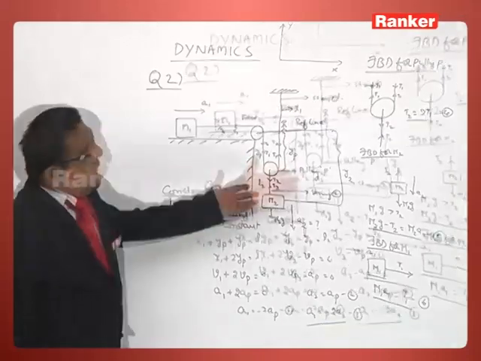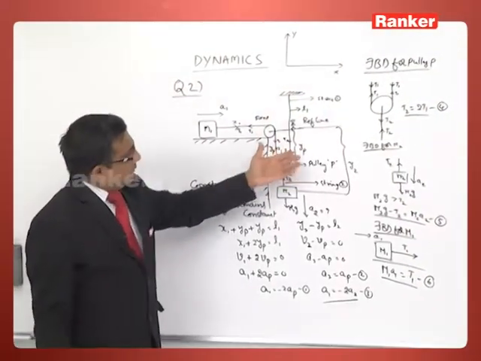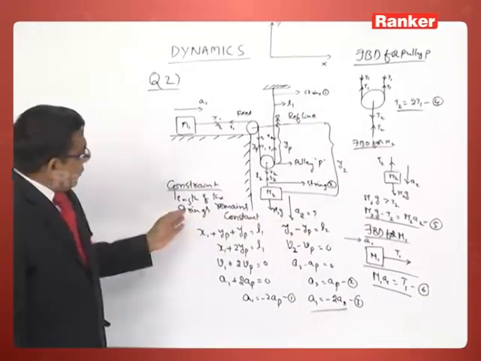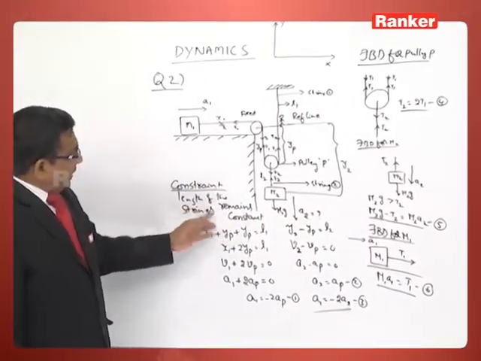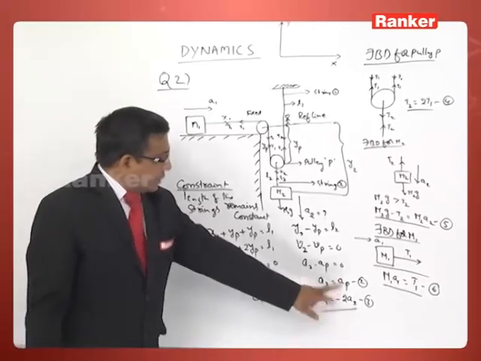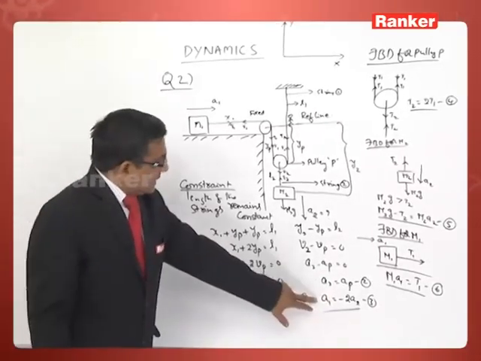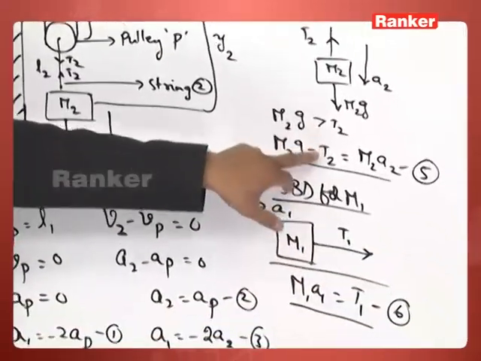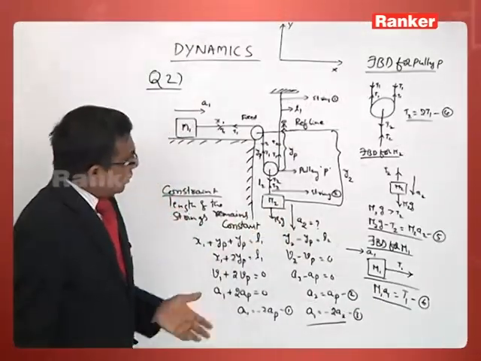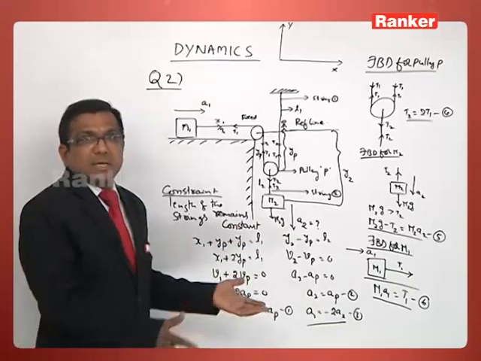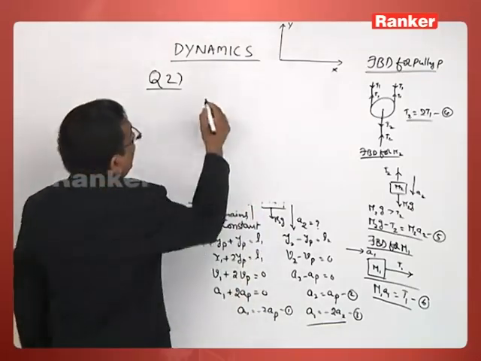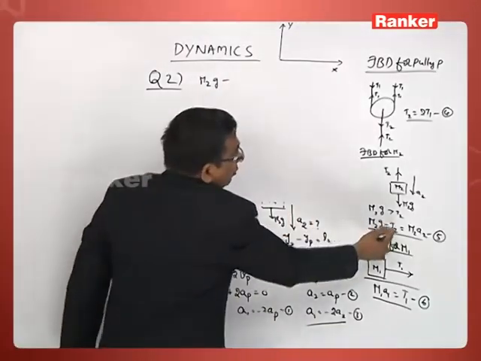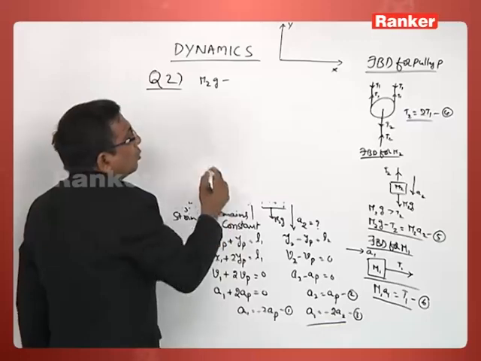So we have drawn the free body diagram for the pulley and for these bodies, and we got different equations. We used the constraint equation, and we got a1 is equal to 2a2. So using these equations, we can get the acceleration of this block m2. So how to solve these equations? Let us see. Let us take equation 5: m2g minus t2 is there. t2 is what? 2t1.